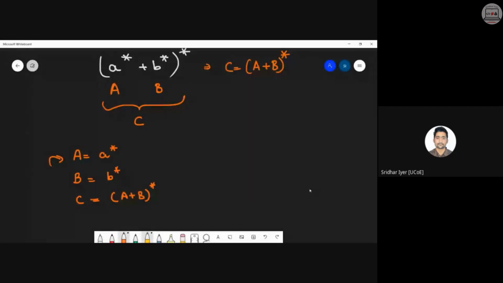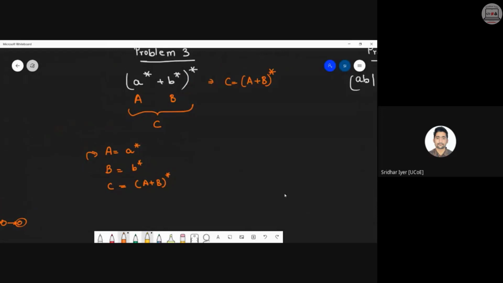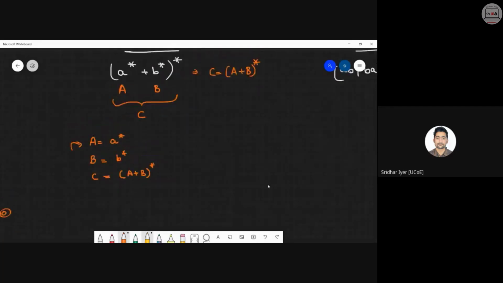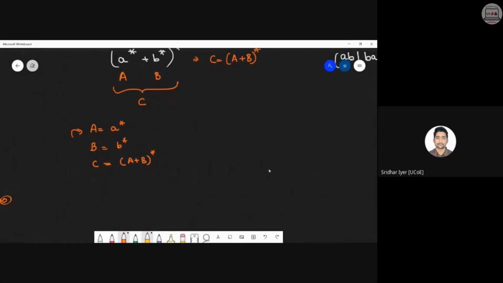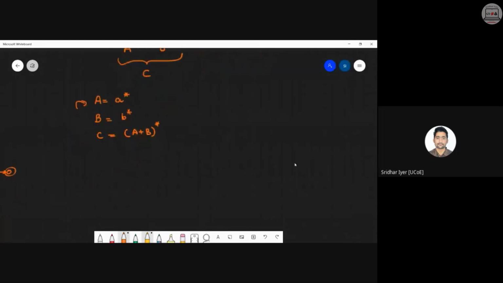Okay, how to start? Very simple. A closure, B closure, दोनों के बीच में plus है, and then C. Okay, let's check how many states. Again, we have to match. I'm first of all drawing the A section.